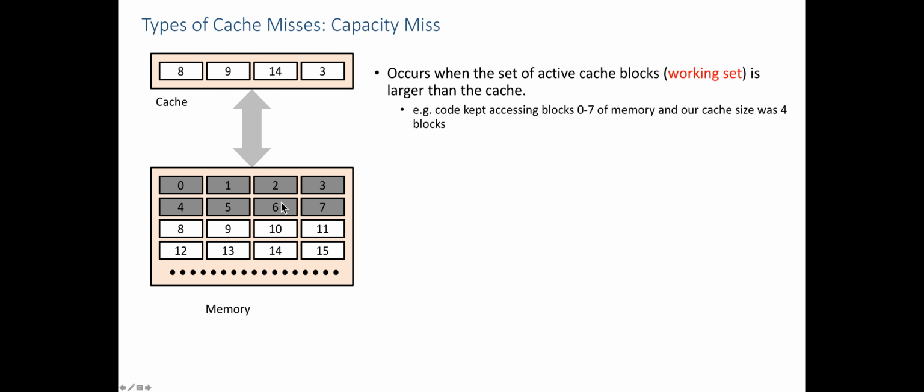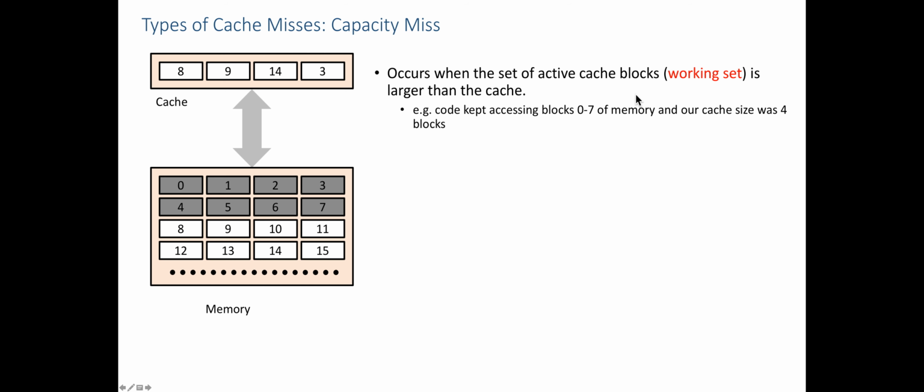In that particular case, if our code keeps accessing these 8 blocks, but we only have 4 in cache, then we keep having misses because our code is accessing more blocks than the capacity of our cache in a short amount of time.